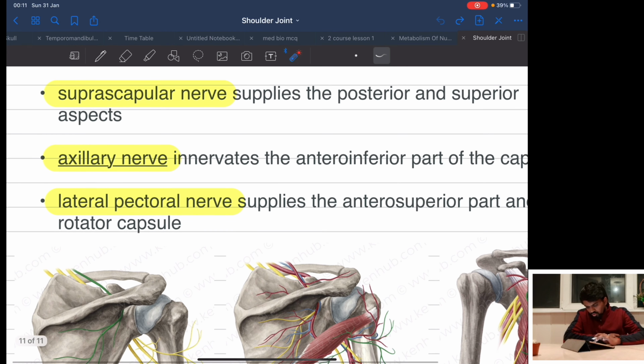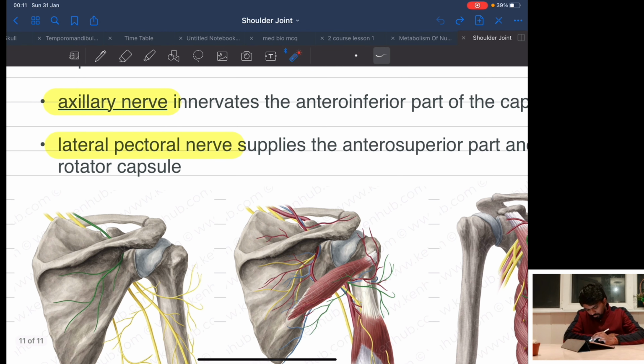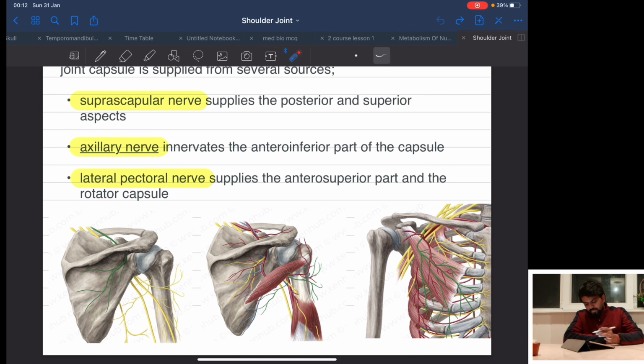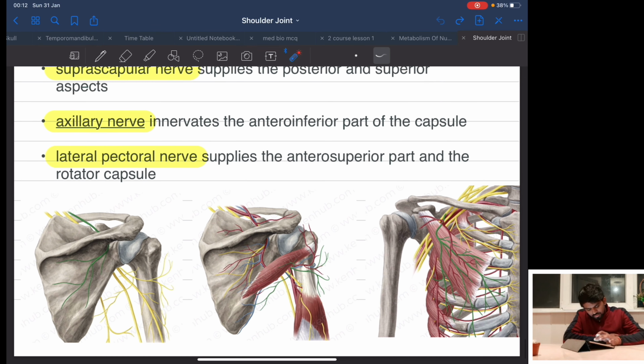This is the suprascapular nerve, which supplies the posterior and superior aspects of the scapula. Then the axillary nerve that innervates the anterior inferior part of the capsule.